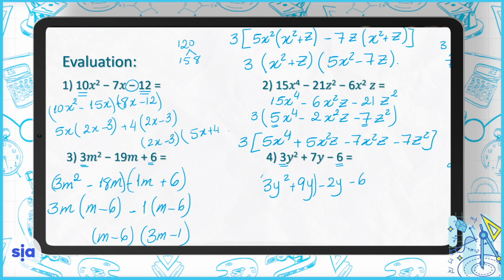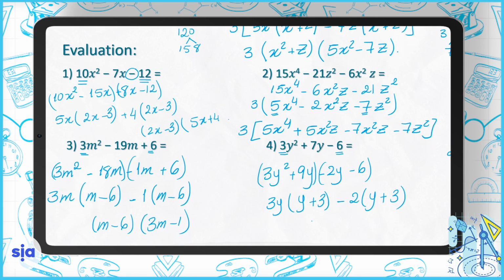If you combine the first two as one group, the second two as another group, the common factor here is 3y, so what's left is y plus 3, and in the other one, the common factor is negative 2, so what's left is y plus 3. The common bracket is y plus 3, and the singles in the other bracket as 3y minus 2.